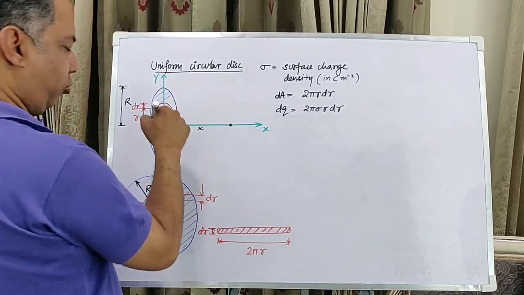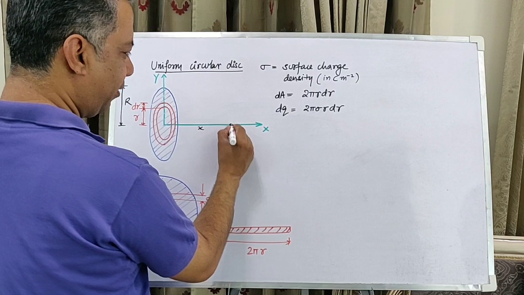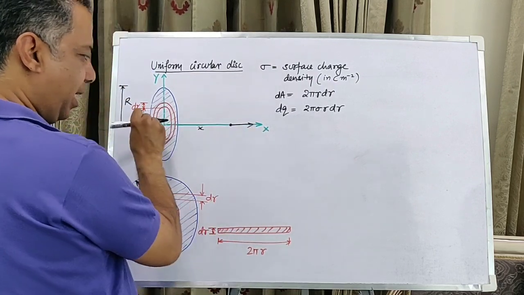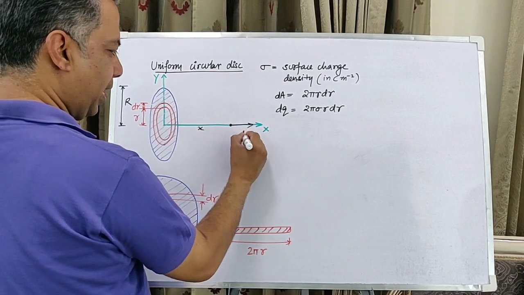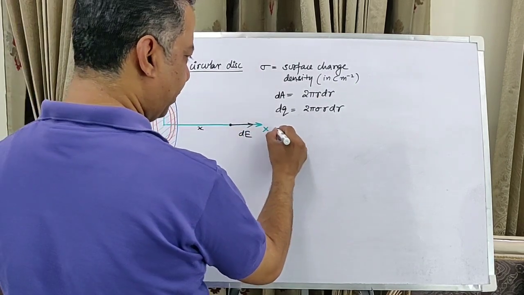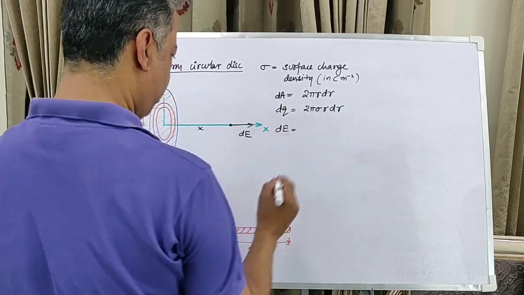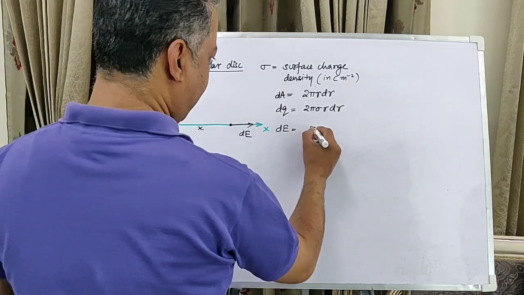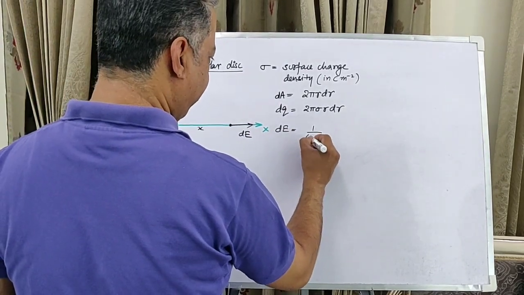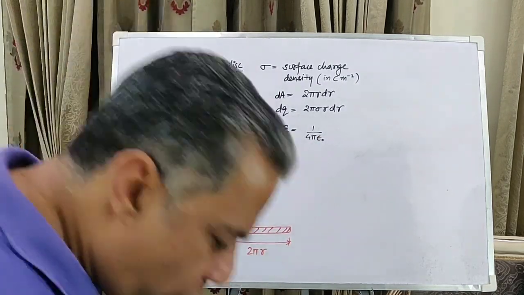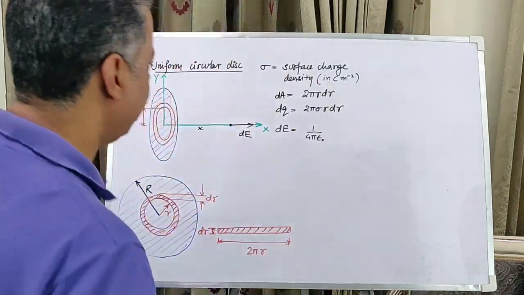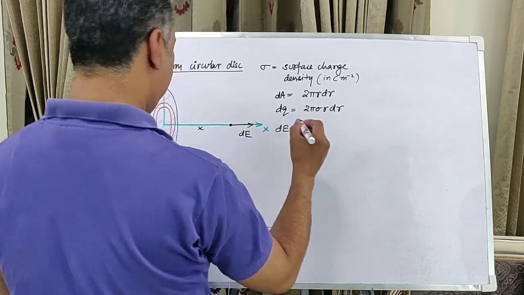Now the field, assuming charge to be positive, will be along the axis pointing away from the center of the ring. That's your dE here, and it comes out to be 1 by 4 pi epsilon naught. Now remember the formula for a ring.